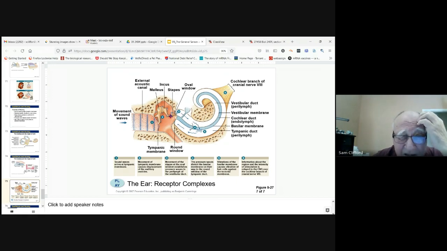The vibration at the oval window sends waves into the endolymph in the cochlear duct, the perilymph in the tympanic and the vestibular duct, and the movement of that fluid, depending upon its frequency and its amplitude, is going to cause vibration in varying parts of the cochlear duct above the vestibular membrane, and below that are the hair cells in the basilar membrane.